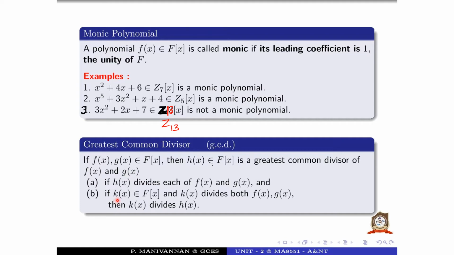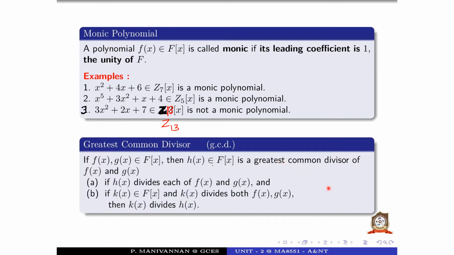And also, if another polynomial k(x) divides both f(x) and g(x), then k(x) also divides h(x). Then h(x) is called the greatest common divisor of f(x) and g(x). This is the definition for GCD.